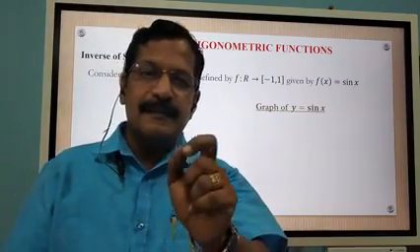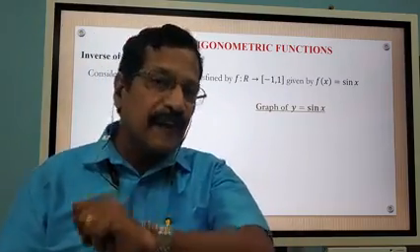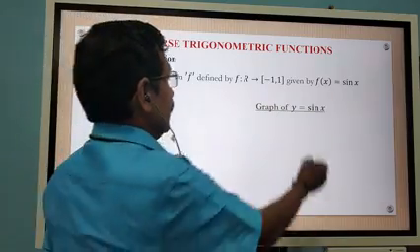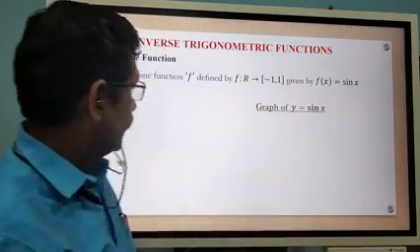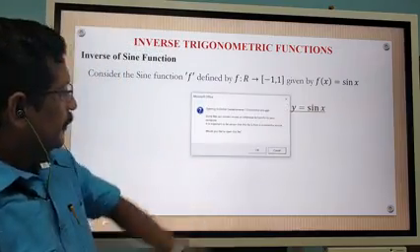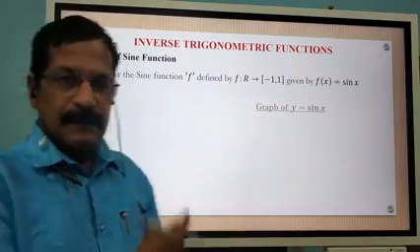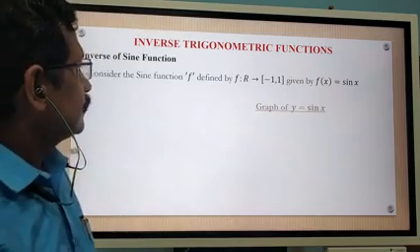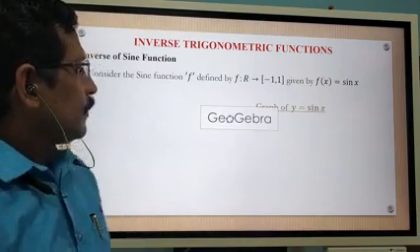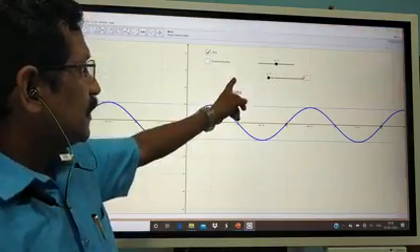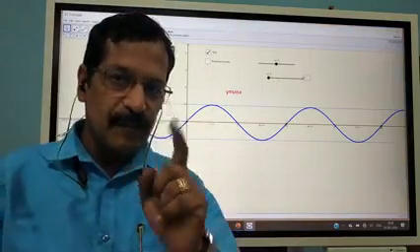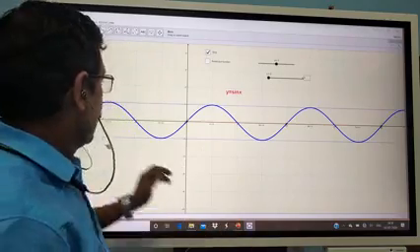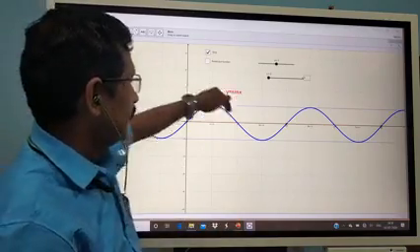Let us take the graph of sin x. My question is whether the sine function is a bijection. This is the graph of the sine function.